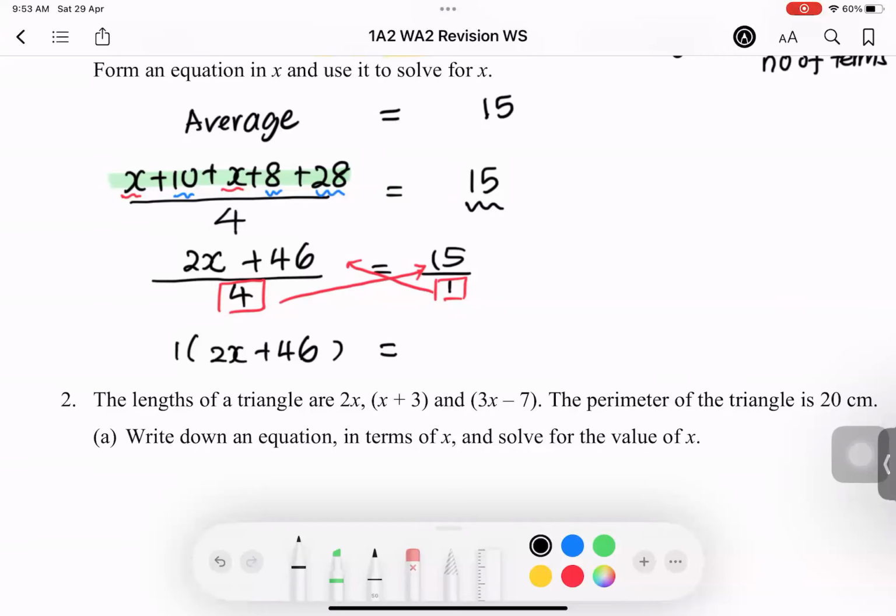Nicholas, 4 times 15, what number? 60. Okay, so now I have this equation, 2x plus 46 equals to 60.